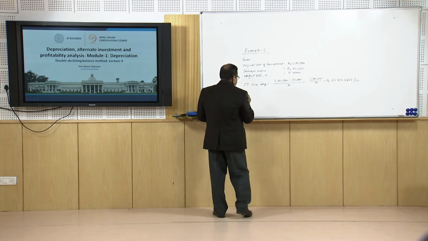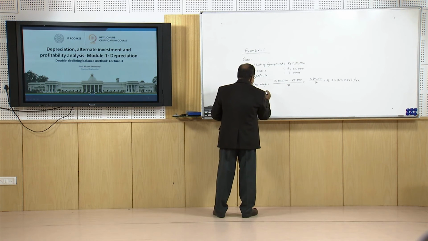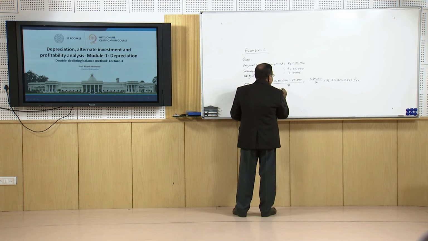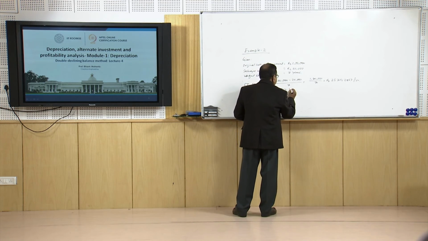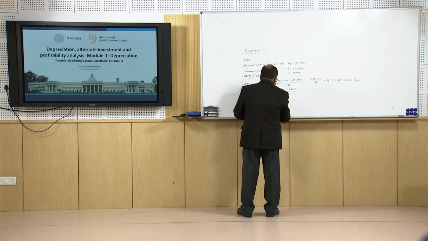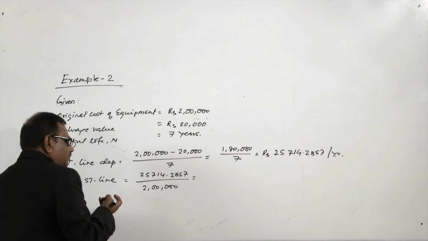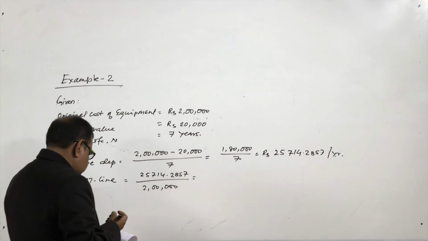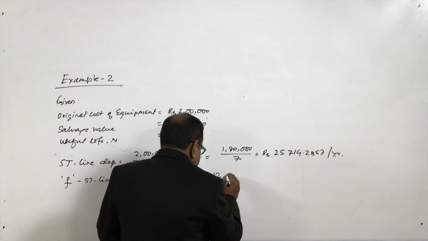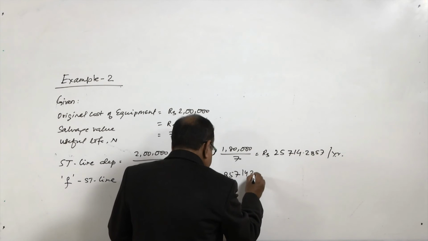So, the fraction value of f using the straight line method is equal to 25,714.2857 divided by this 2 lakh, because we are finding out the fraction of the original cost, which comes out to be 0.12857 14286.